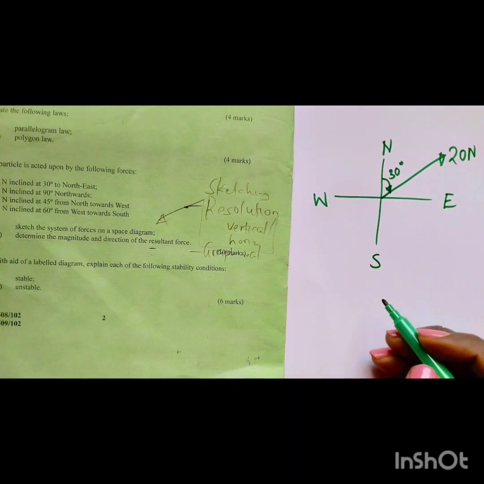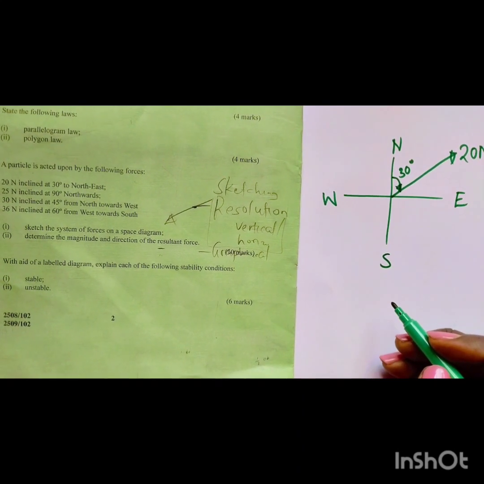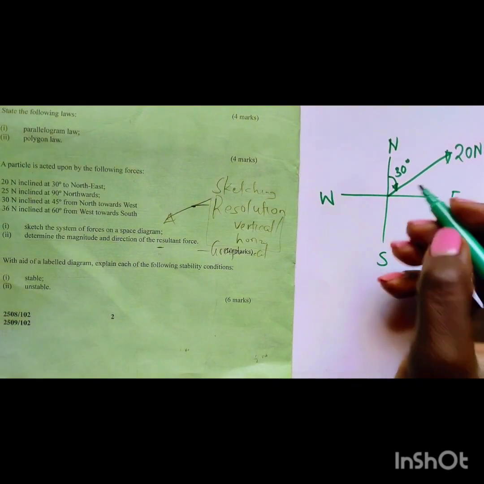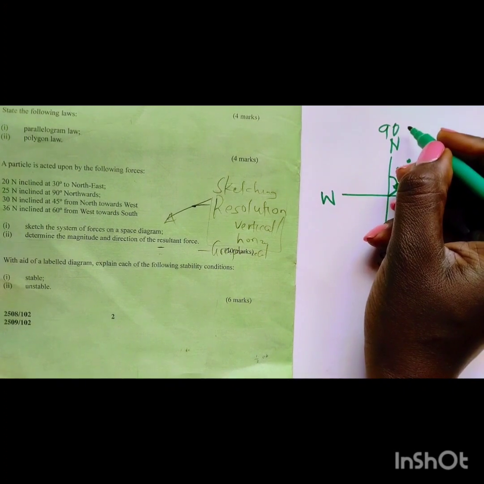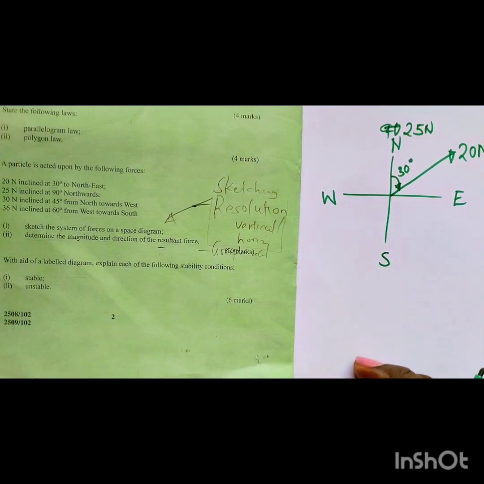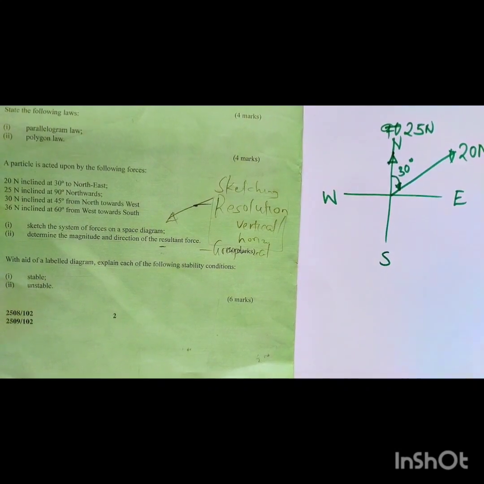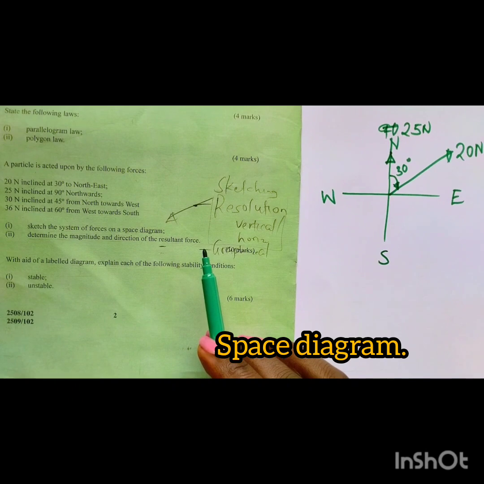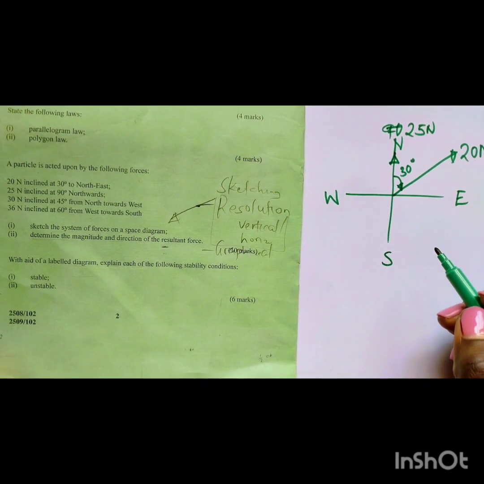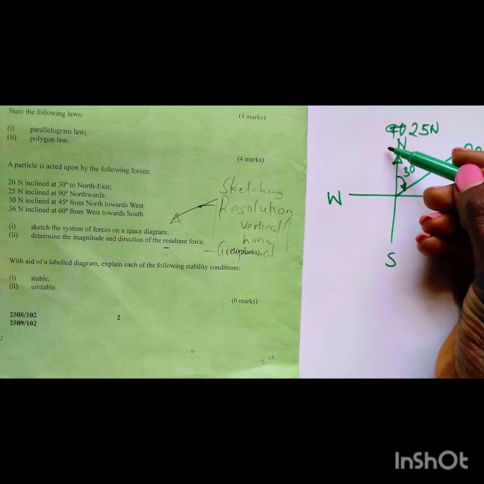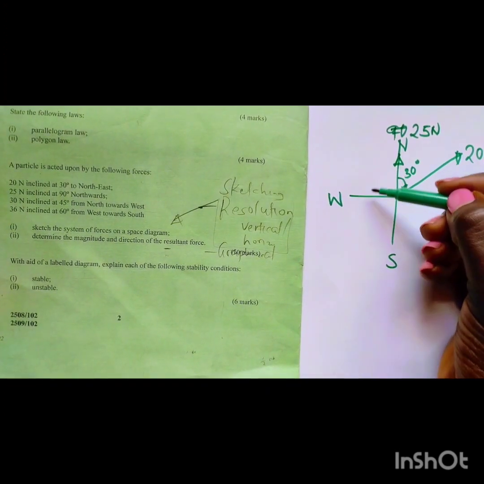The force number two is 25 newtons inclined at 90 degrees northwards. So from the north we have 25 newtons towards the north. So it's a coplanar force. Then 30 newtons inclined at 45 degrees north towards west. So can you see our north towards west? It's in this direction.